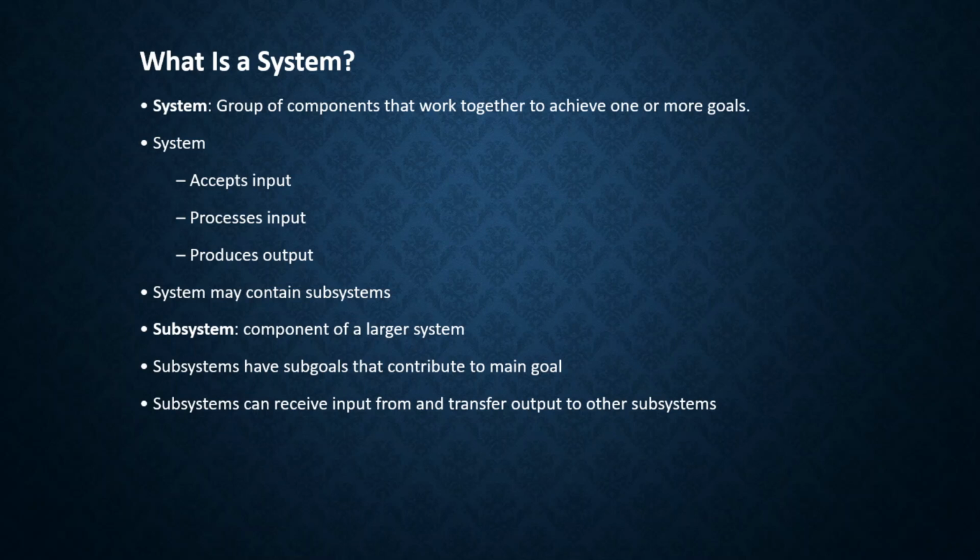A system may contain subsystems also. For example, if you consider our college as a system, it has different departments, sections, divisions, etc. So the system involves certain subsystems. A subsystem means a part of a system, or a component of a larger system.